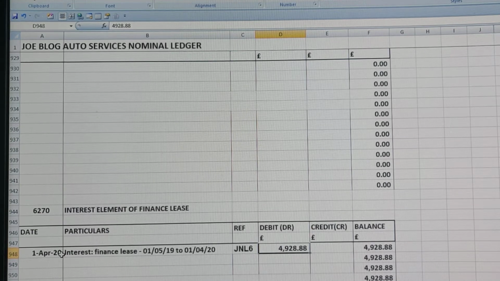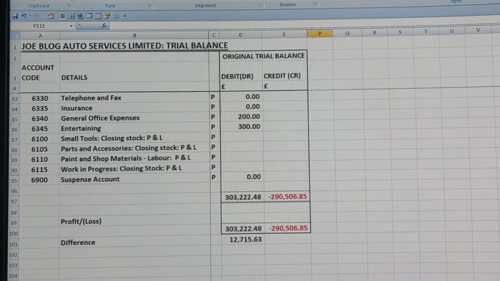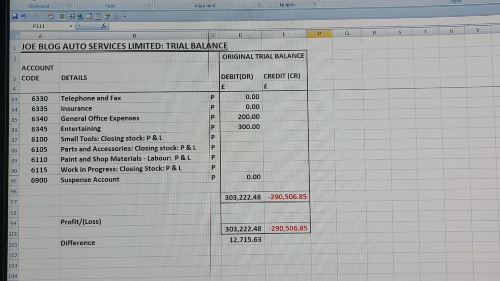If we check our trial balance now, you will see that it's out of balance by £12,715.63, because we have not taken care of the credit side of the transaction.